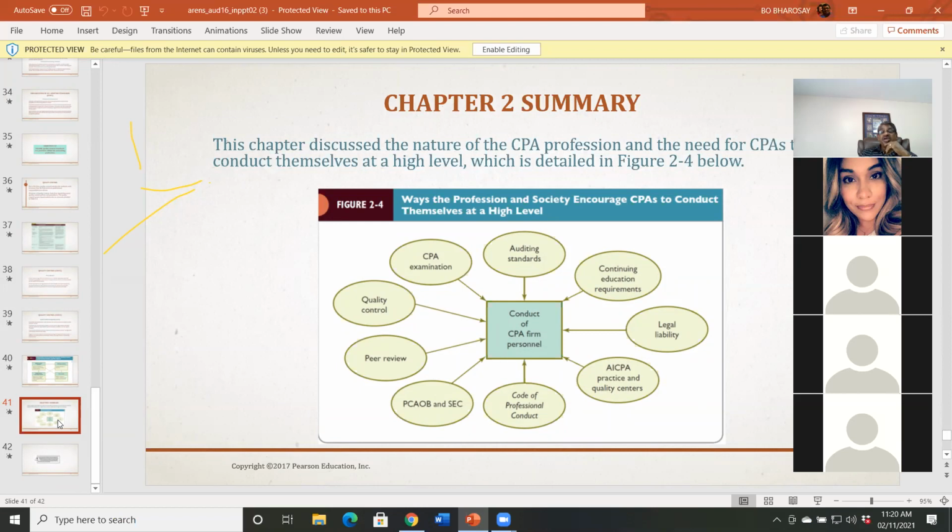We have the PCAOB and SEC that govern public firms that do public company work. We have the peer review where one CPA firm will examine the work of another CPA firm. We have quality control standards that are set by the firms themselves to improve their quality. And we have the CPA examination. The CPA examination tests your competence on the date you take that exam. And this will conclude our lecture on chapter 2.